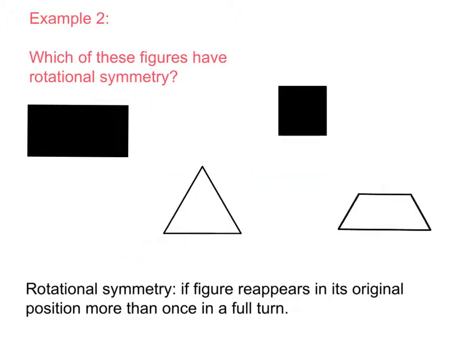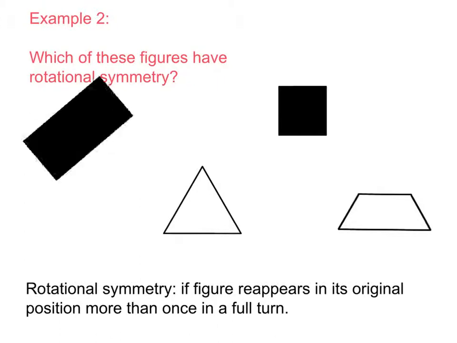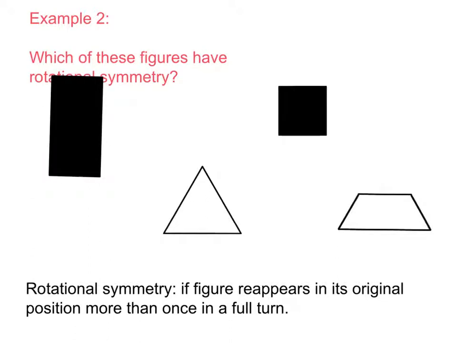Example 2 says, which of these figures has rotational symmetry? Rotational symmetry, at the bottom here, you can see, is when a figure reappears in its original position more than once in a full turn. Well, we can easily look at all of these. Let's take a look first at the rectangle. If we rotate the rectangle once, 90 degrees, we do not have the shape we started with.